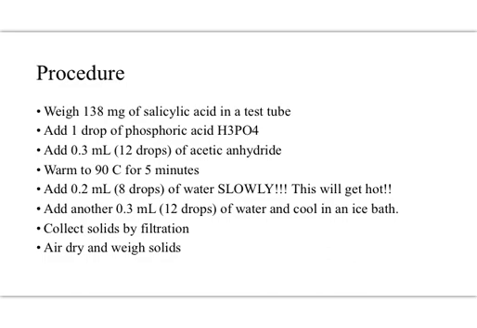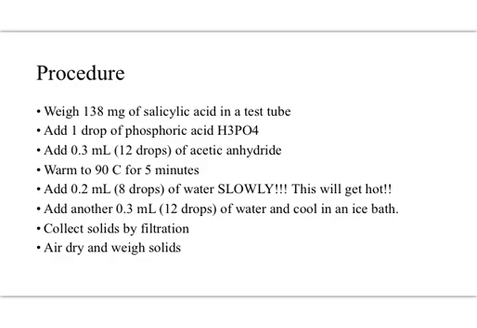Okay. When the reaction's complete, after that 5 minutes, we're going to do the quench of this reaction. And here you have to be careful. We're going to take 0.2 milliliters, 8 drops of water, and add it dropwise. So we should cool the solution down from the 90 degrees first, and we're going to slowly add that water to it. All right. This is going to get hot.